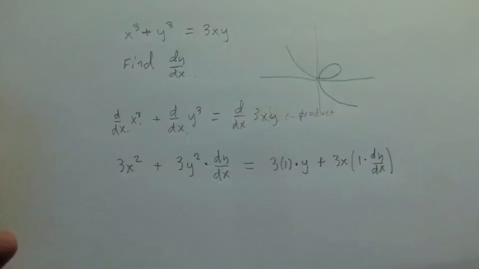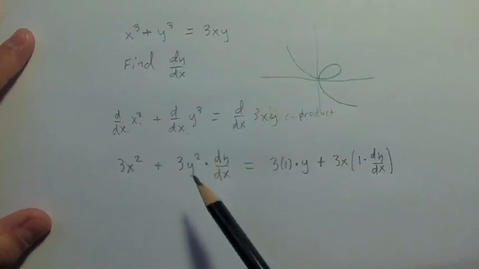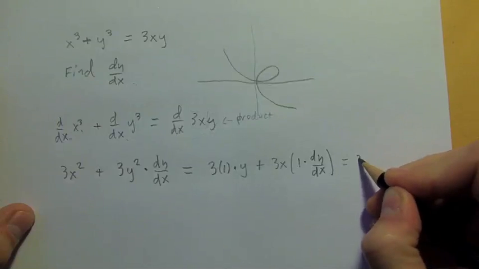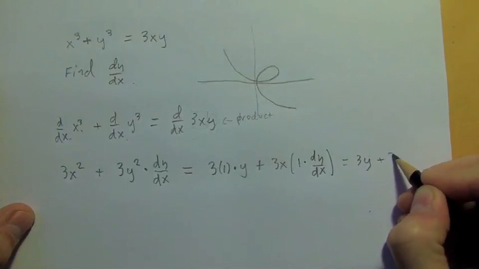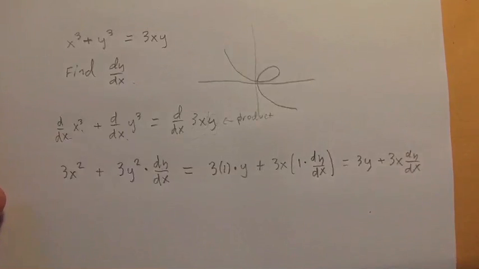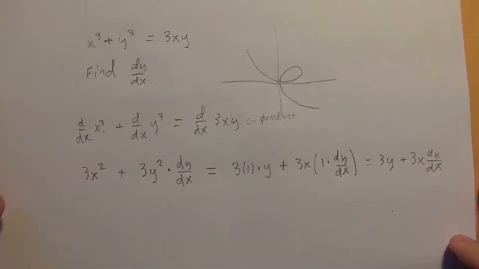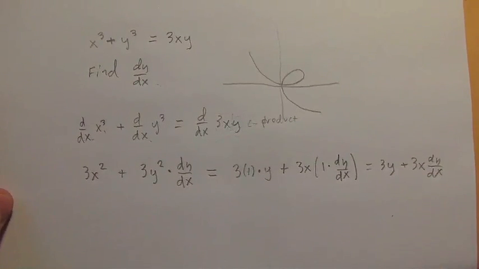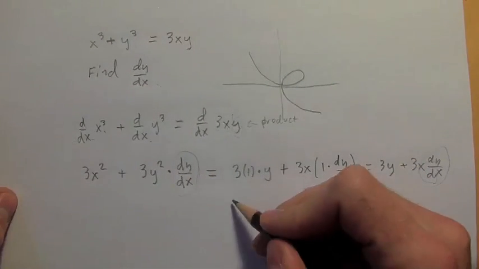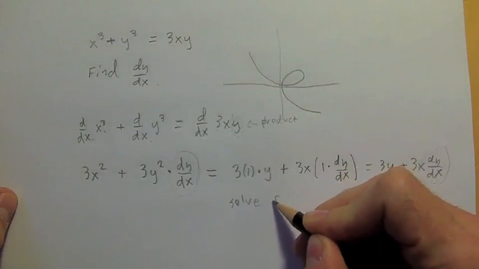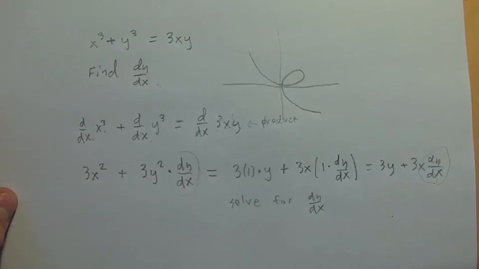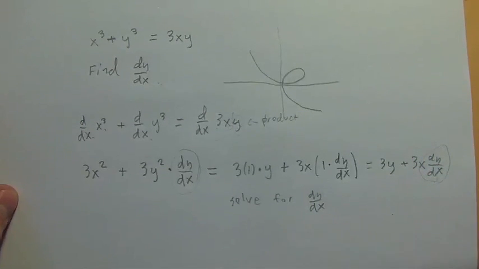Okay, so let me go ahead and simplify this side. This is simply just 3y plus 3x dy dx. All right, so now I'm going to move things around. I want to solve for dy over dx. So all we're going to do is move it to one side or the other.